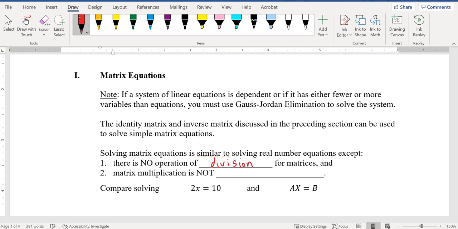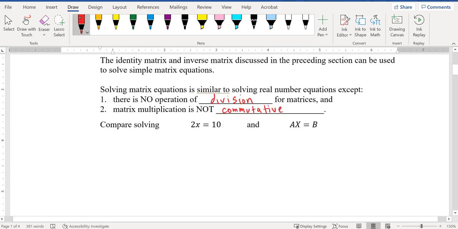You can only multiply matrices. And we have to keep in mind that matrix multiplication is not commutative. So AB does not equal BA. Remember that with matrices.